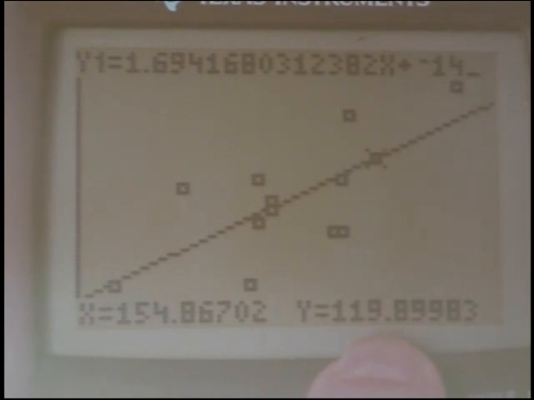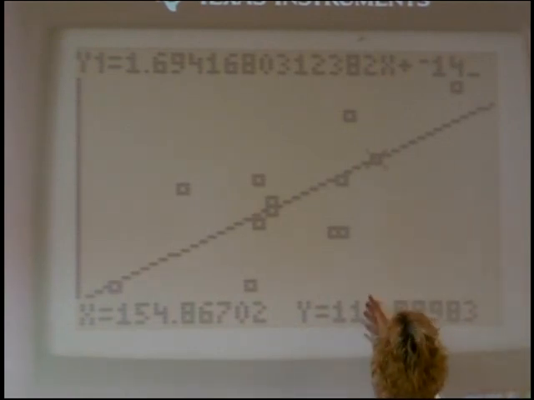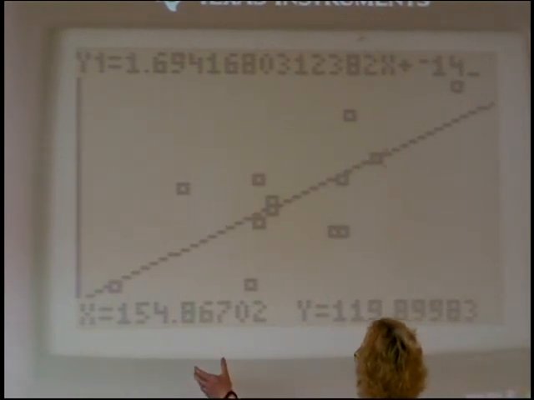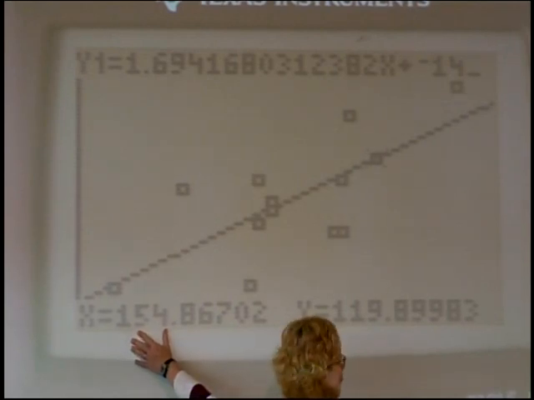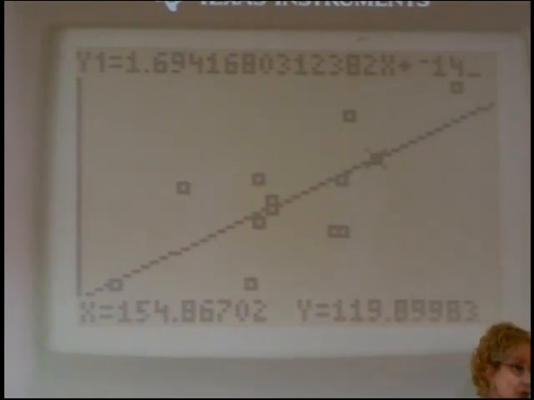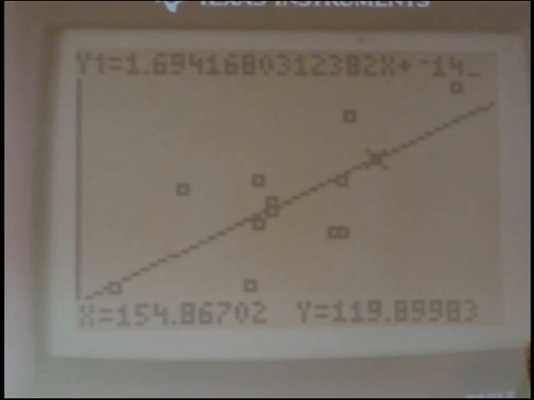Does that make sense? Okay, so remember, this is very, very applied. Now, if we want to estimate the weight of a bear that is, say, 160 centimeters long, your cursor needs to be on the regression line.